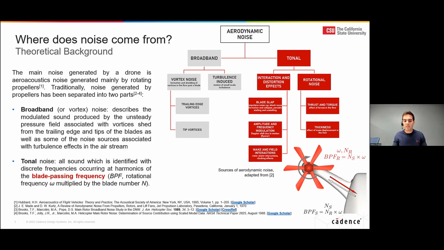So tonal noise, if I were to summarize, is at some specific frequency related to the physical phenomena we're modeling, and it can come from the interaction between this rotating component with the fuselage or the flow field itself. More specifically, I'm focusing today on the wake and field interaction tonal noise.